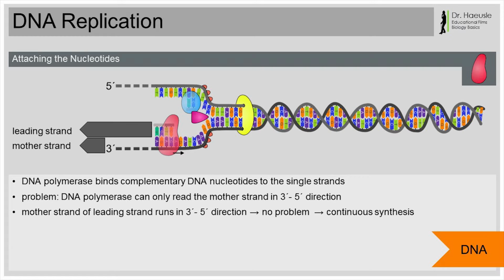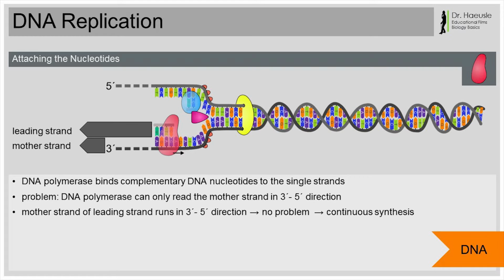This daughter strand is antiparallel to the original mother strand. Since the mother strand runs in 3' to 5' direction, the new daughter strand, the leading strand, runs in 5' to 3' direction. So the DNA polymerase reads the mother strand in 3' to 5' direction and builds the leading strand in 5' to 3' direction.